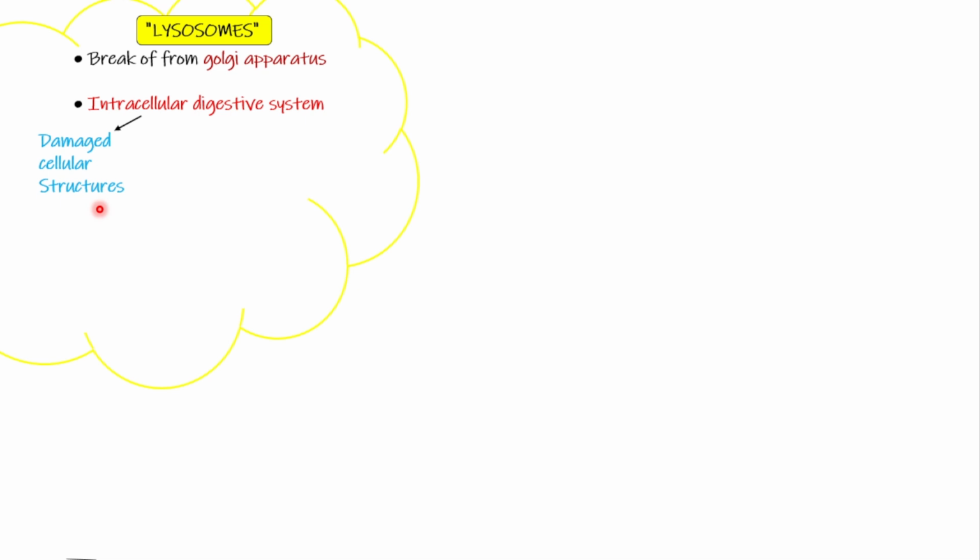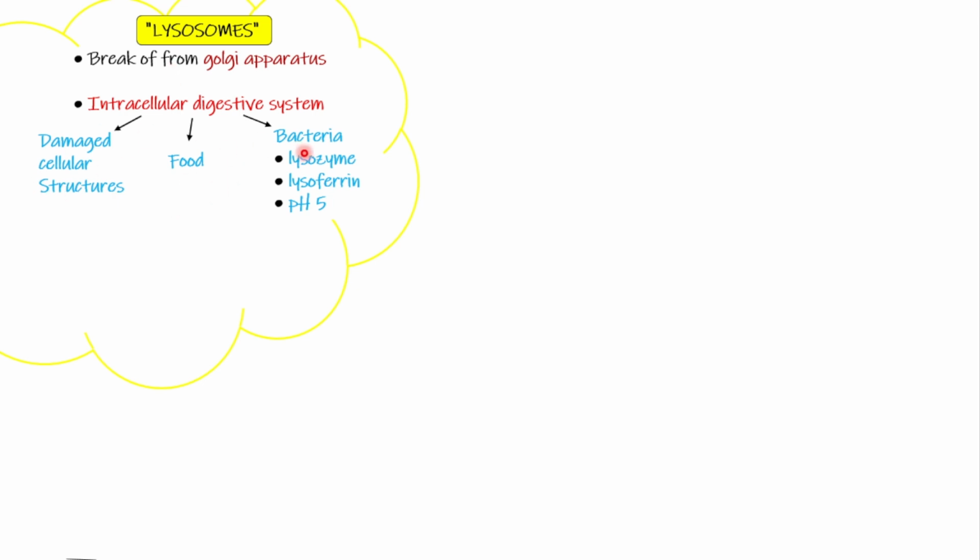Whenever a cellular organelle is damaged for any reason, it is digested by the lysosomal enzymes. Then food, the most important thing, is also digested by the lysosomal enzymes. And the third one is foreign invaders like bacteria, which are also digested by the lysosomal enzymes.